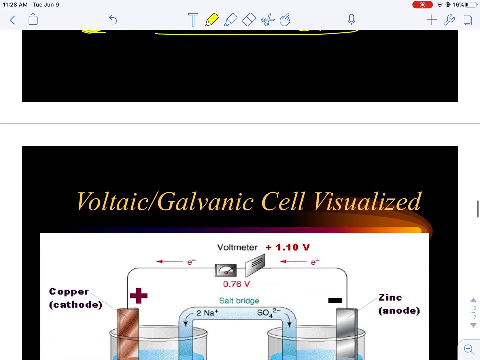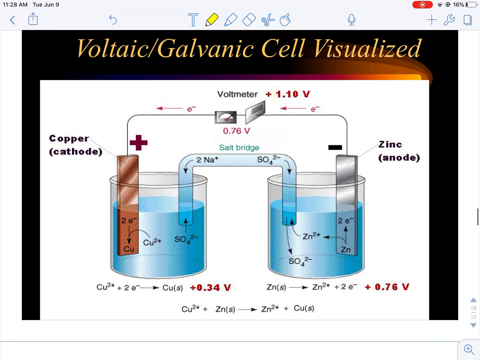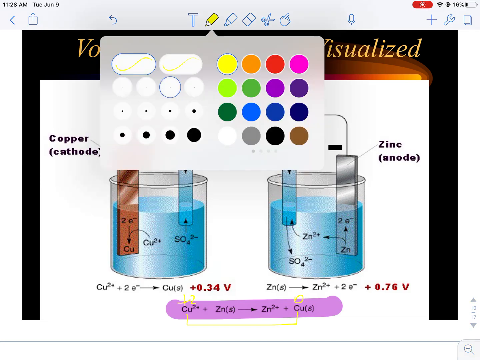So now let's try to put this all together. Okay, let's go back to this voltaic galvanic cell that we saw just a little while ago. And now, even though a lot of the work is done for us, let's start to interpret what's going on. We know that this is our overall reaction. The copper 2 ions, whose oxidation number is +2, are being converted into copper, the element, whose oxidation number is 0.